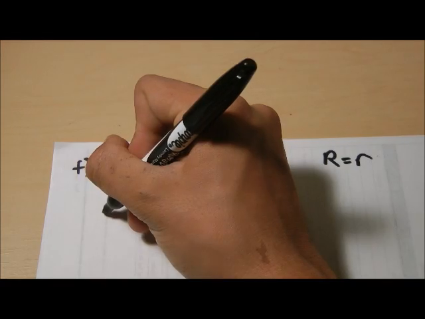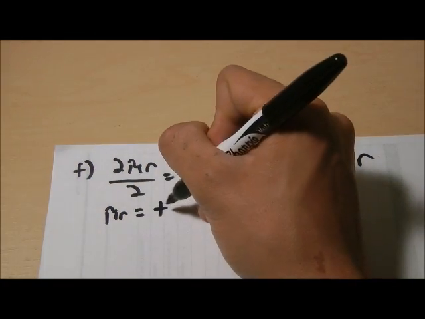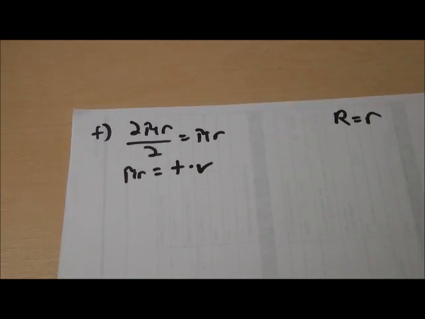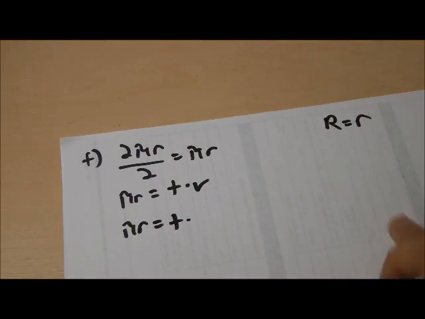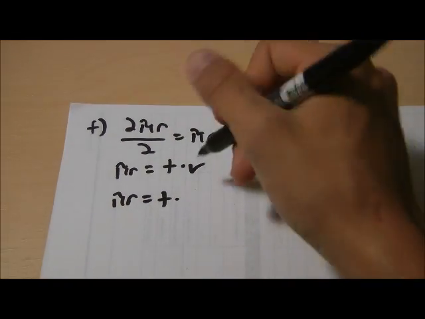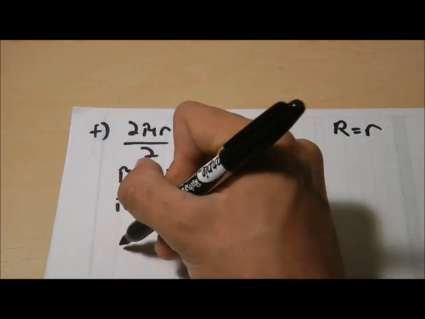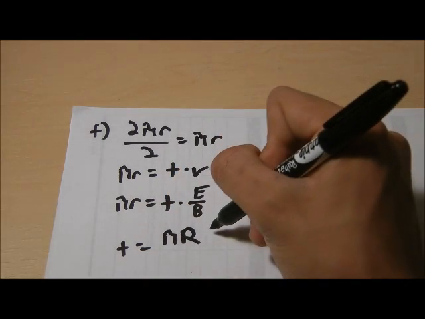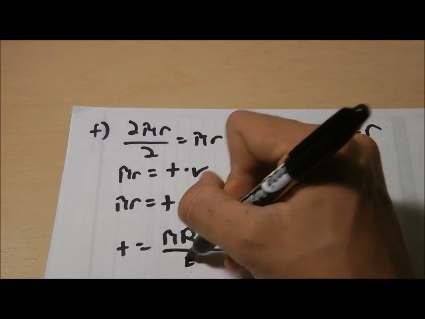So we get pi r is equal to t, the time it takes, times the velocity it uses while taking the path, which we got at the beginning, which was E over B. And then we just bring over the terms. Pi r B over E is the time it takes.